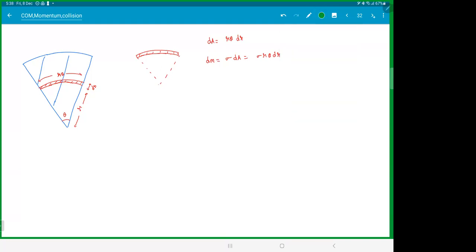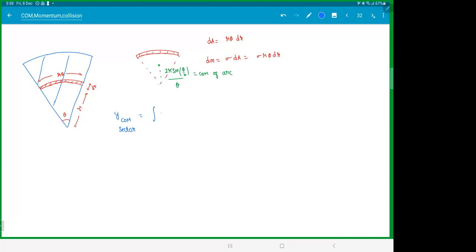And for this element, the center of mass will be here, which is 2 small r sine theta by 2 by theta. This is the center of mass of the arc. Now the formula becomes, we are doing the y coordinate here, the y coordinate of the center of mass of the sector. Listen carefully here.